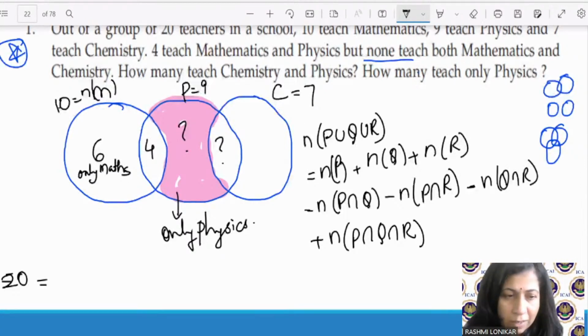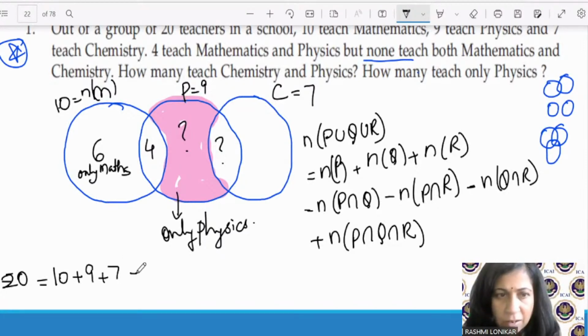Okay. So 20 is equal to N of P is 10 plus 9 plus 7 minus P intersection Q, which is 4, minus N of P intersection chemistry, minus N of Q intersection R, that is maths intersection chemistry, which I know is 0, and this intersection I also know is 0.